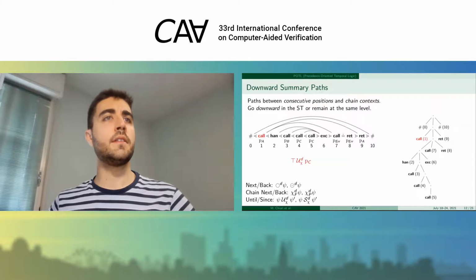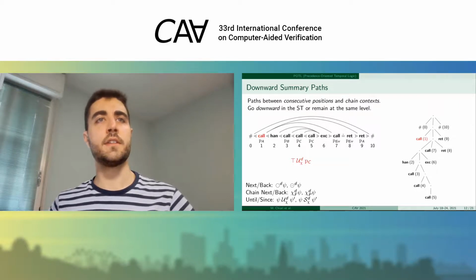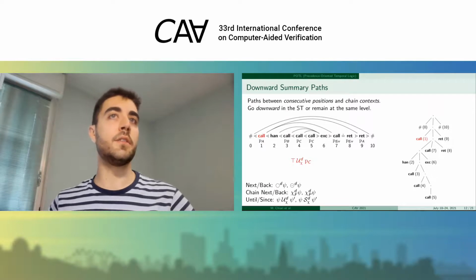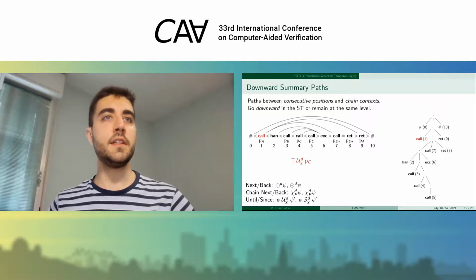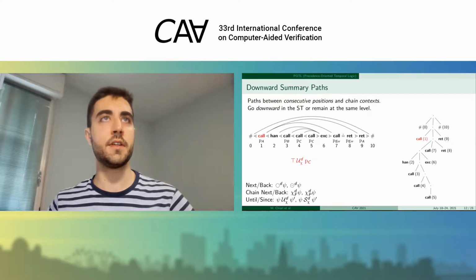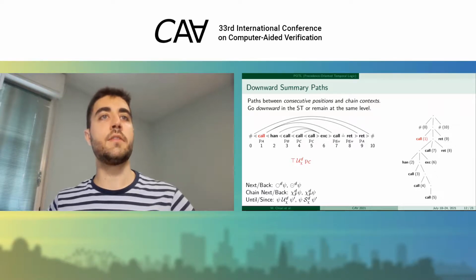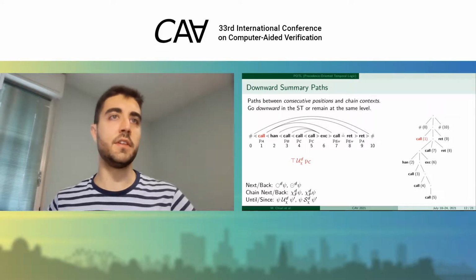And the normal next and back operators go back and forth along the linear order. And as you can see, there's a D on them, which means that this variant goes only down in the syntax tree. There is also a variant with a U, which goes up, which is symmetric, but here we see only the downward variant.